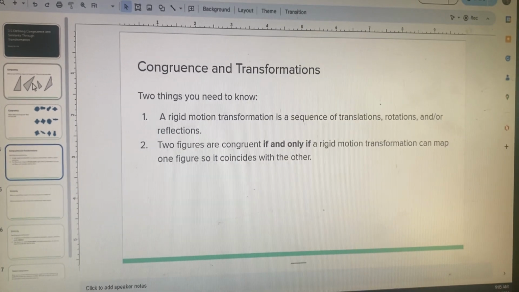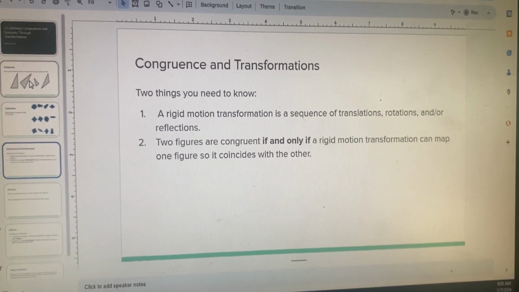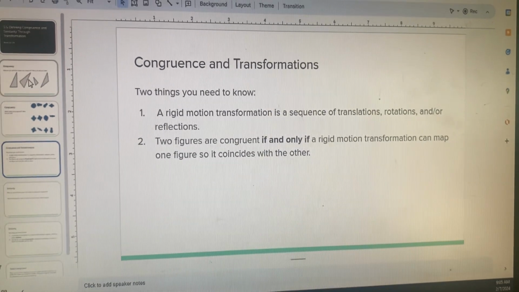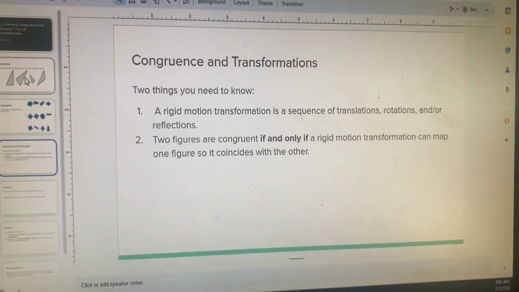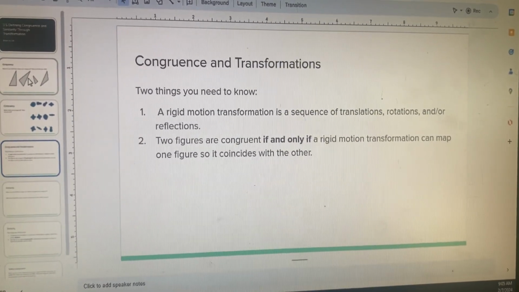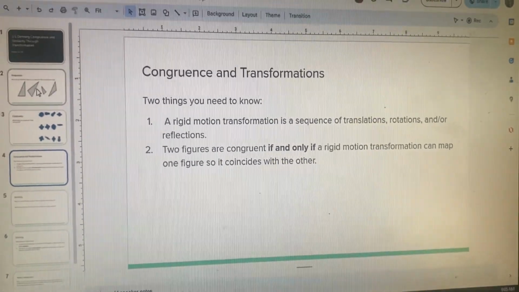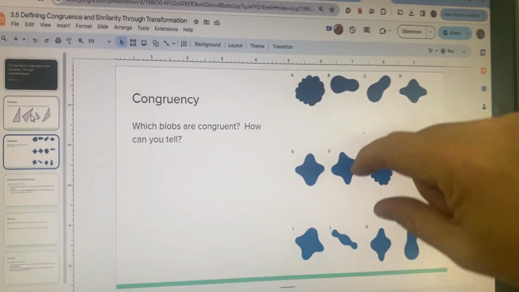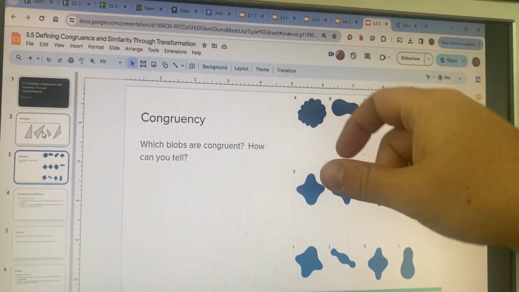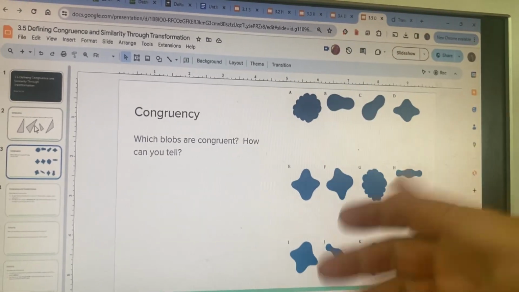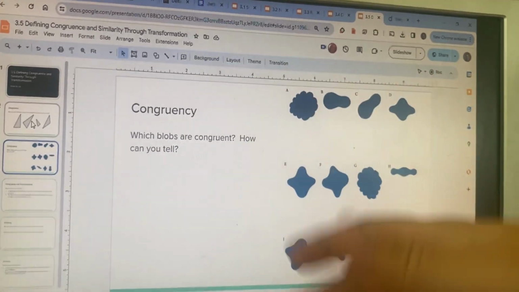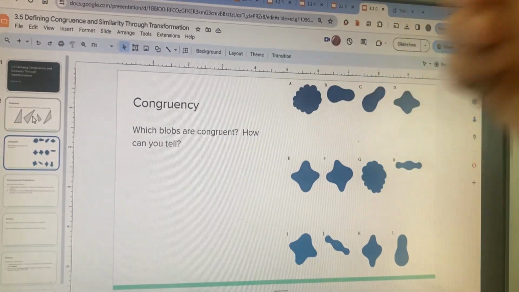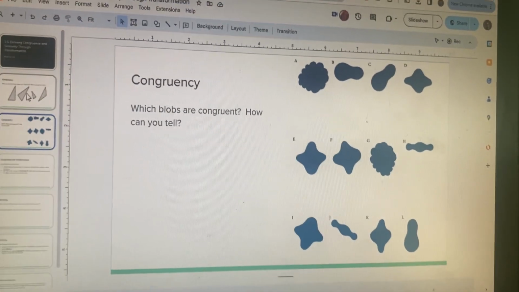Number two: figures are congruent if and only if a rigid motion transformation can map one figure so it coincides with the other. Coming back to the blobs, we can rotate it, reflect it, or translate it, and it's going to put one directly on top of the other, and they're going to match up.